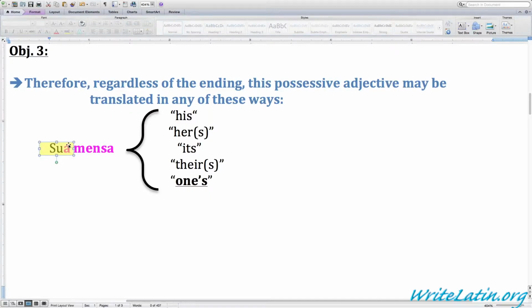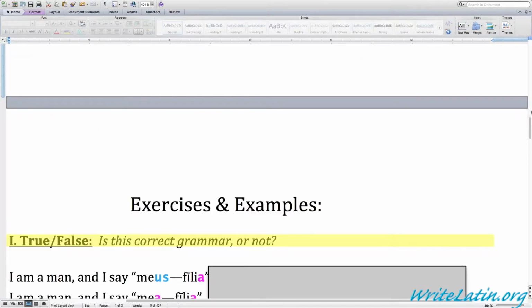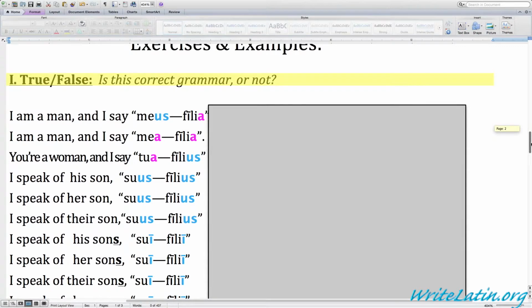It's only a third-person possessor, so it could be he, she, it, they, any of those. You won't always be able to use one's because the sentence would sound crazy. So be aware that you can use any of these 5, but just know that the true meaning of sua is closest to one's. It's not really his, her, its, or any of those.